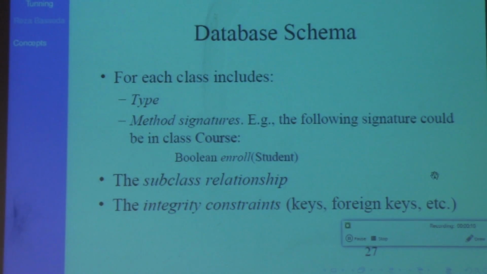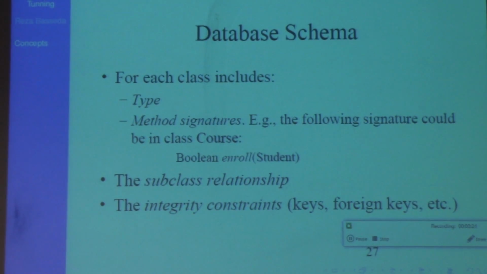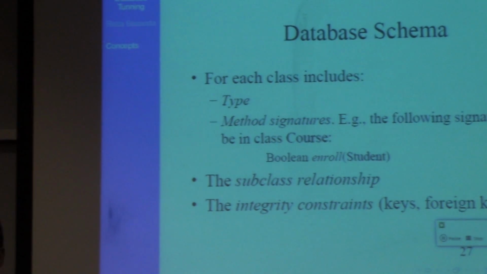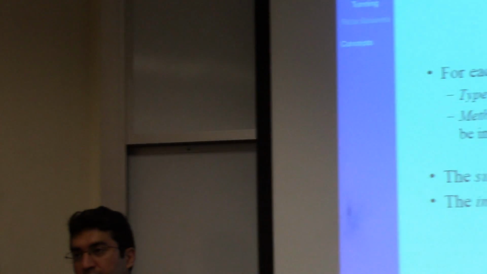Okay, now we start to talk about the schema of object-oriented databases. How can you define an object-oriented database? What was the schema of a relational database? The schema of a relational database was the format of tables, the format of all the possible tuples, plus the relationships between those tables.